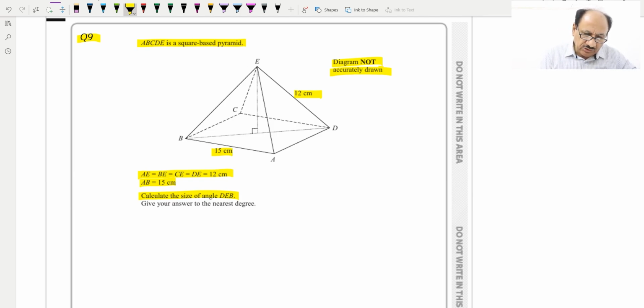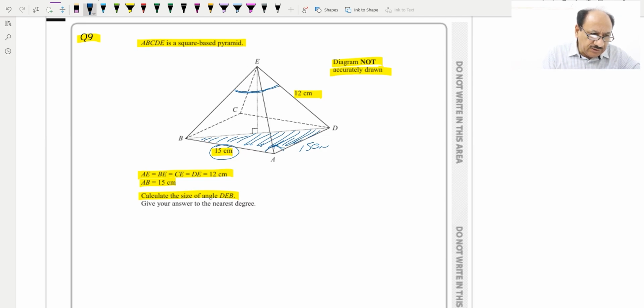Which one is angle DEB? This complete angle from this to this is required. So what we will do, we can first find BD. This side is 15 centimeters, and this side is also 15 centimeters. So we can consider this right angled triangle, and this is the right angle.